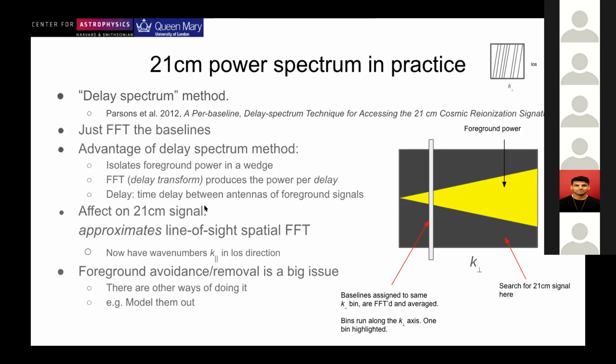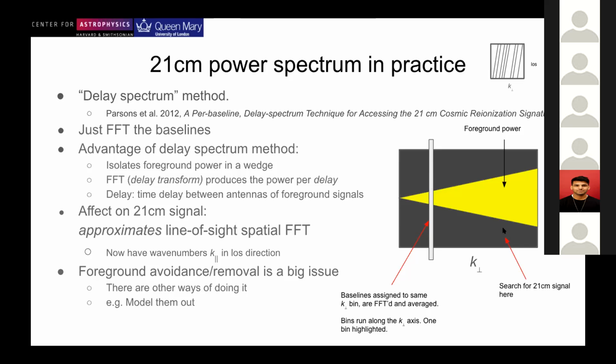The effect on the 21 centimeter signal, which is embedded in the observations, is that we will approximate the line of sight spatial Fourier transform, which gives us the K-parallel modes. So this just shows a bin where we've got lots of baselines, assigned them the same K-perp, bin them here.